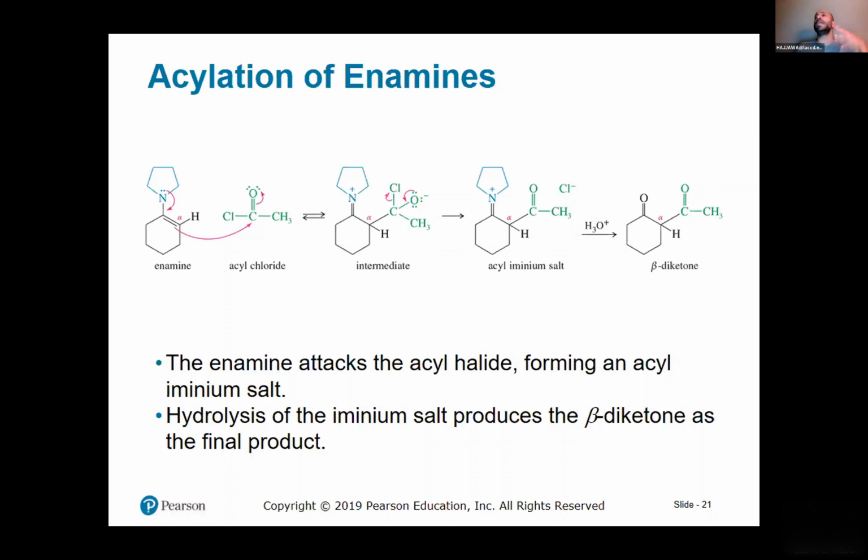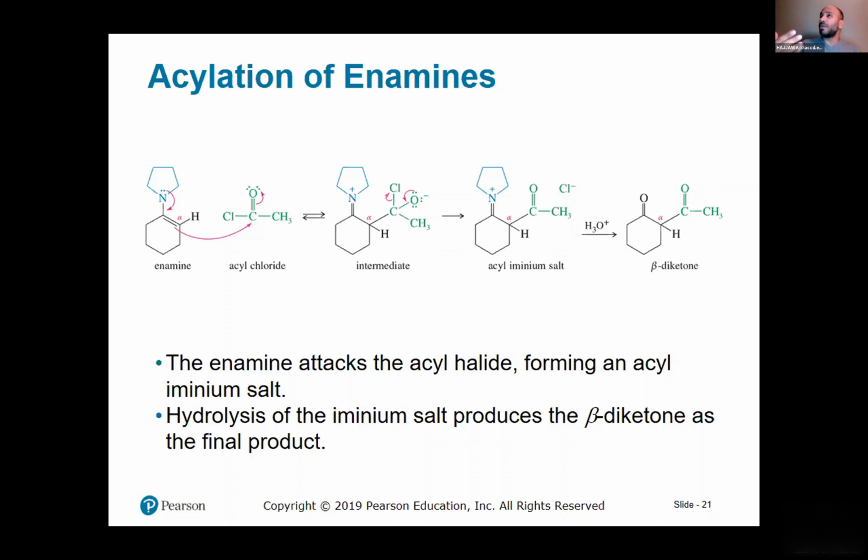So that's how important the enamine is, that it does similar chemistry to the enolate structure. So you can think of it this way: if I have a cyclohexanone and I want to do alpha acylation, there is a chance that I will end up making multiple acylated structures, or I may end up making a lower yield of a monoacylated structure.